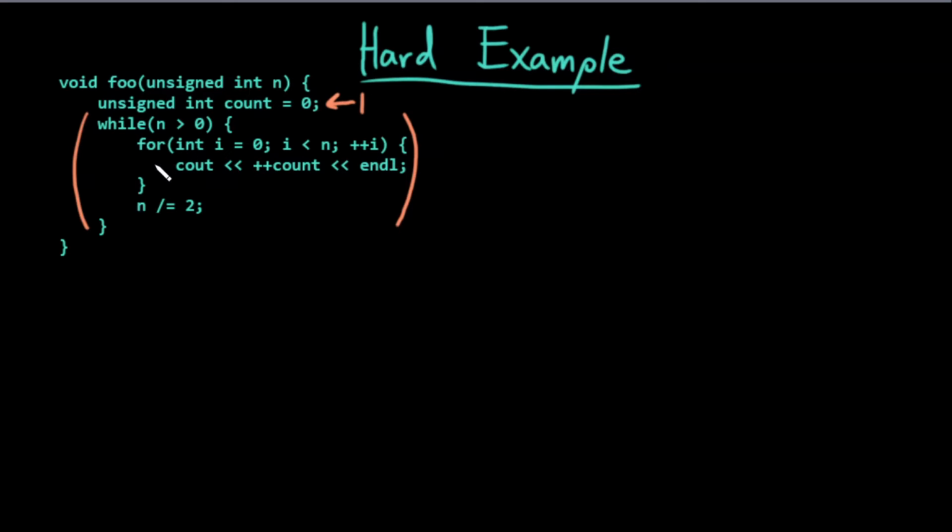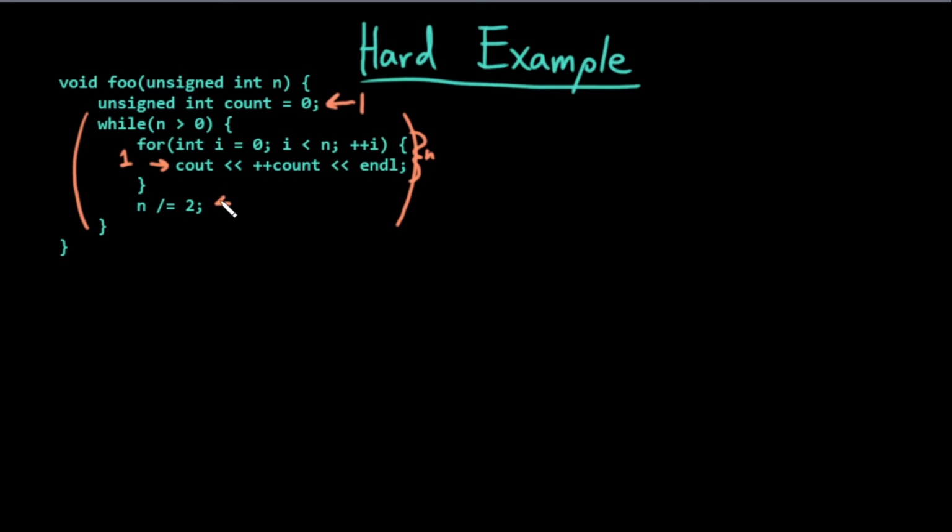So let's assume that this printing is just one operation, because this is super simple. Whatever n in the while loop is, my for loop will iterate n times, right? So whatever n is, I'll go from 0 to n minus 1. So this loop will iterate n times.